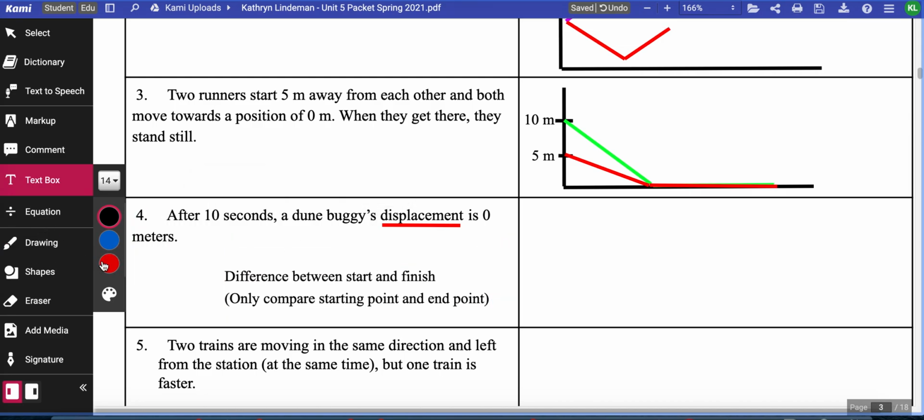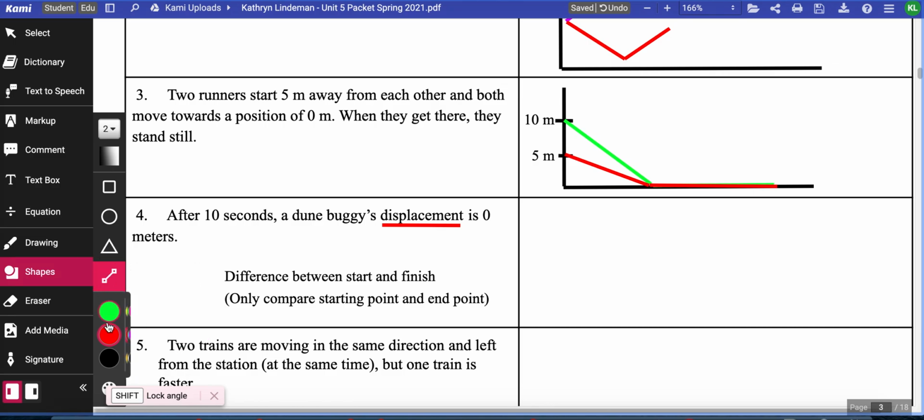Let me just draw a little arrow from this so that we know that this is defining that. Okay. So an example of this, if I'm sitting in my chair at the front of the room and then I stand up and walk around the room for like 5 minutes and then I come back and sit in the exact same spot, my displacement is 0 because I started and ended at the same place.